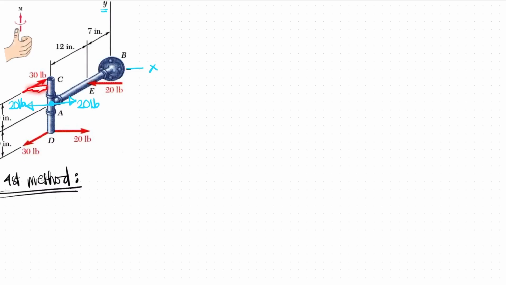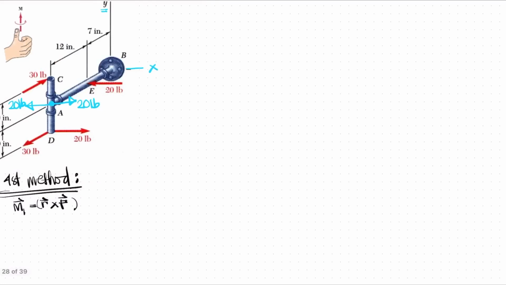So, let's say the first moment, M1, is equal to R times F. The unit is pound-inch. So, the perpendicular distance between the two forces times the magnitude of the force.